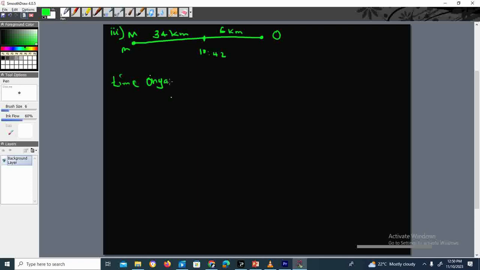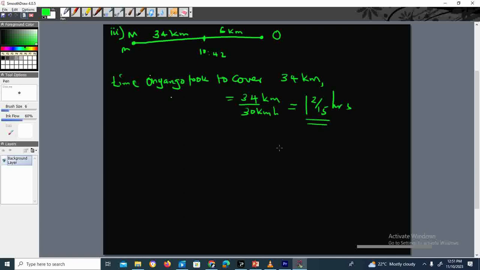The time Onyango took to cover 34 kilometers towards Mwangi's house is going to be given by 34 divided by his speed, which is 30 kilometers per hour. That is the same as 1 and 2/15 hours.